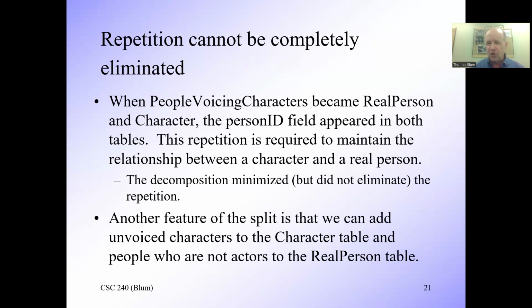If we got rid of all repetition, we would lose the relationship. So we need some repetition, but as little as possible, enough to keep the relationship, but not so much that we have insert anomalies, update anomalies, delete anomalies.